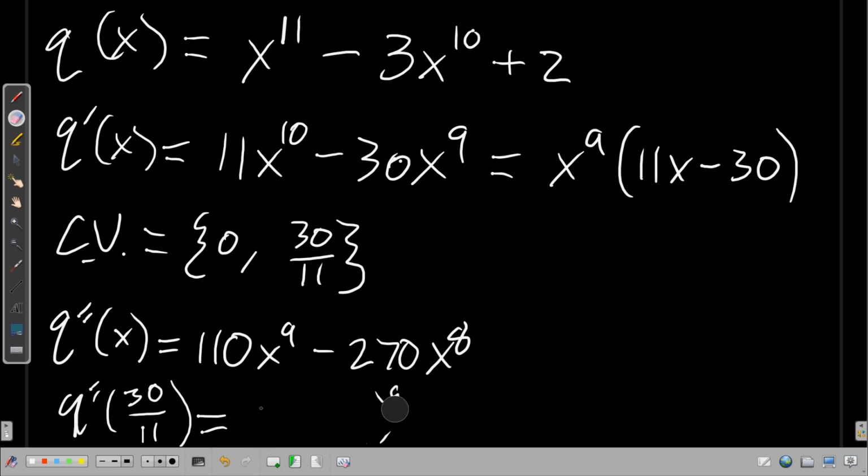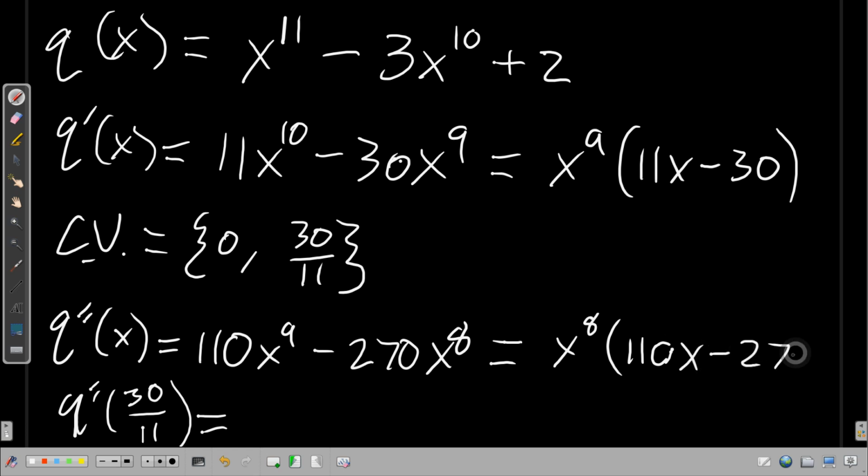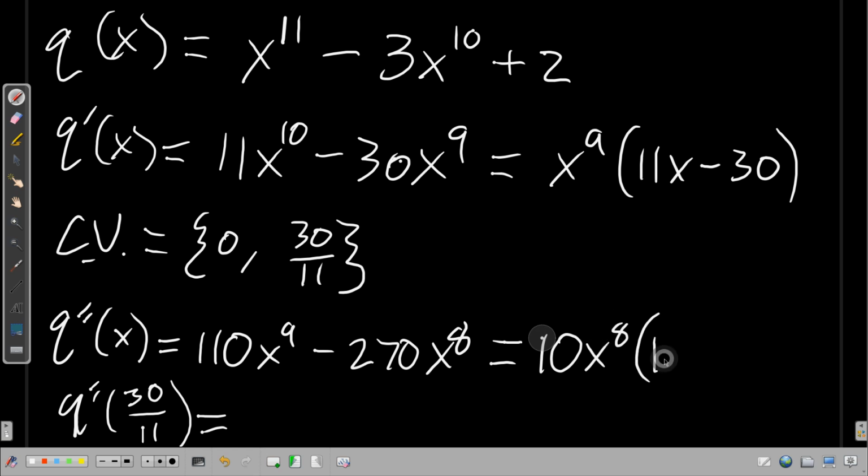Actually, let me factor this thing so I can make better sense of it without having to get my calculator out. So this is x to the 8th times 110x minus 270. I can do better. This is 10x to the 8th times 11x minus 27.